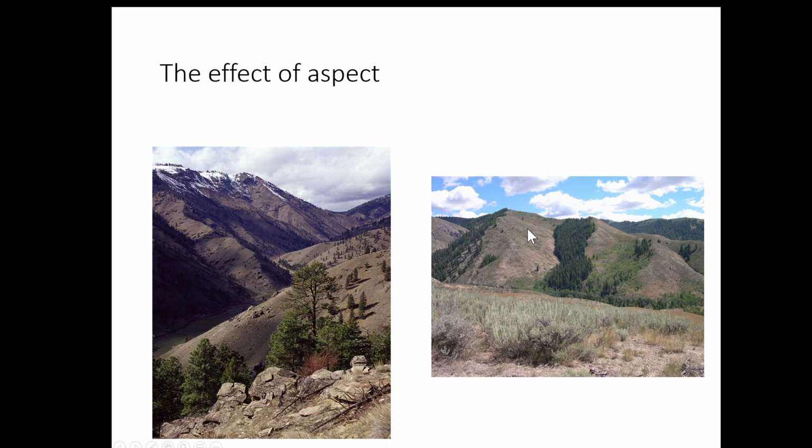A south-facing slope, because the sun rises in the southeast and sets in the southwest, will get up to 2 hours more sun than a north-facing slope. So the north-facing slope is cooler. There's less evaporation. The south-facing slope obviously has more evaporation. And these particular pine trees can't survive with 2 hours more light than these. So they only live on the north-facing slopes.